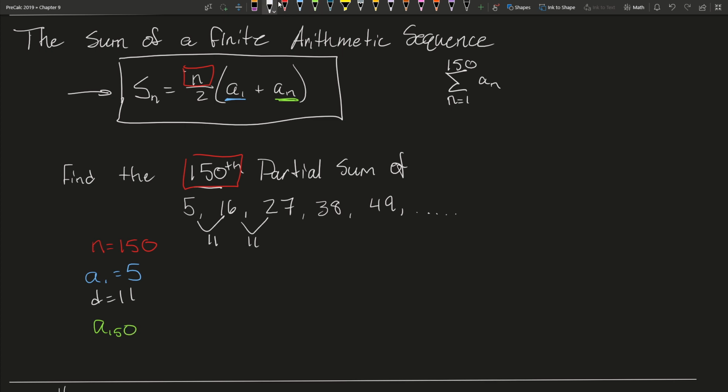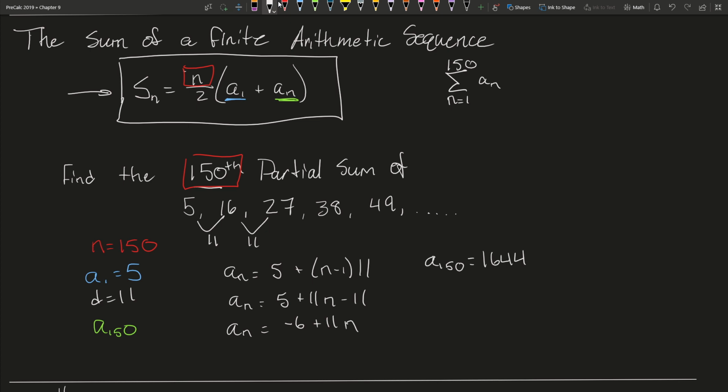Okay, so if we redo that, we should get that the 150th term is 1,644.